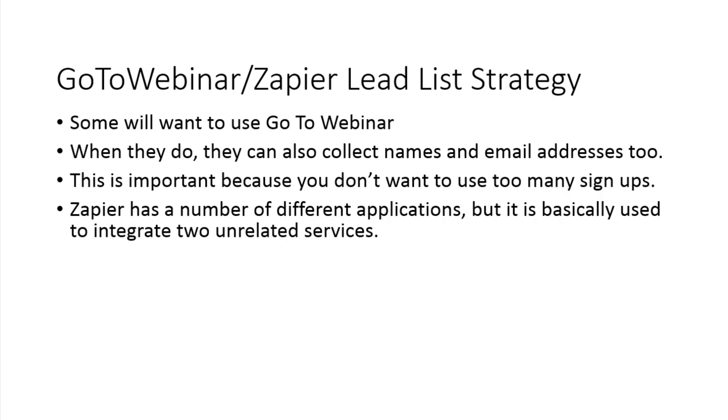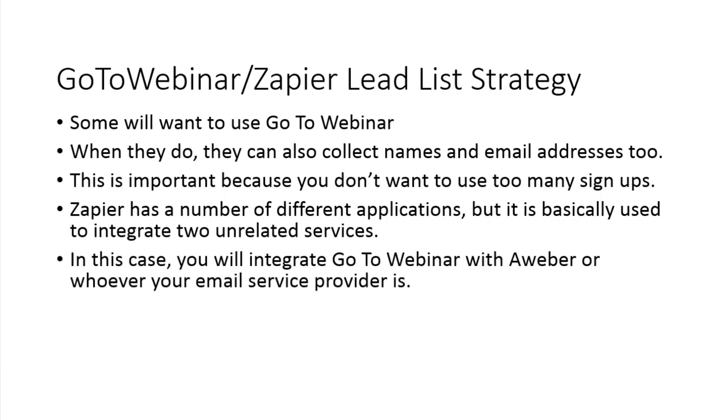For folks who like to have email as a result of their using certain services, sometimes it's difficult to have that email transferred over into an autoresponder. In this case, you're going to want to integrate GoToWebinar with Aweber or whoever your email service provider is.